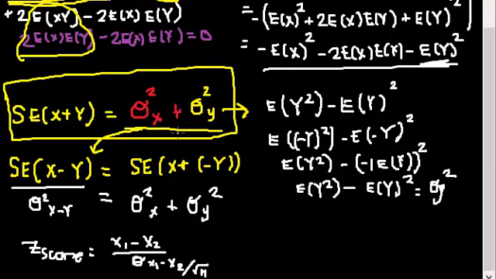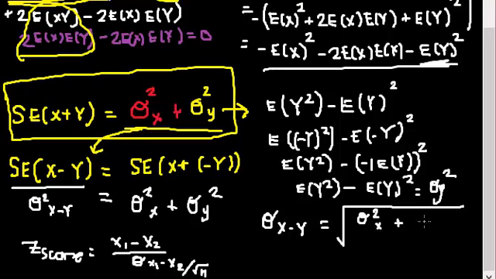And so if we wanted to get the standard deviation of that, then we just need to take the square root. And so the standard deviation of x minus y would be equal to the square root of the variance of x plus the variance of y.